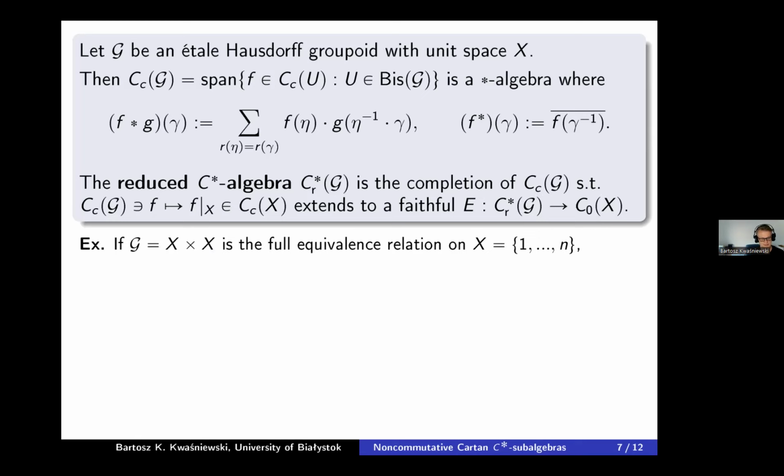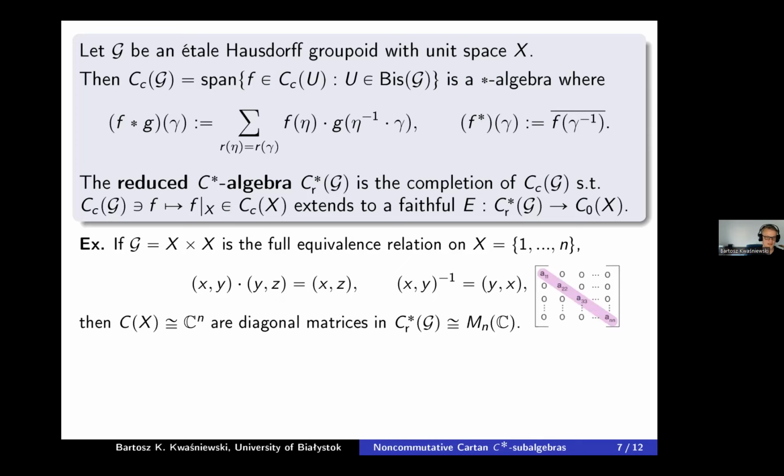Also for matrices, the picture looks like this. Any equivalence relation can be viewed as a groupoid, with the groupoid structure defined by these two simple formulas. So whenever we consider the full equivalence relation on a discrete set of n elements and apply this construction to this groupoid, then we recover just n by n matrices.